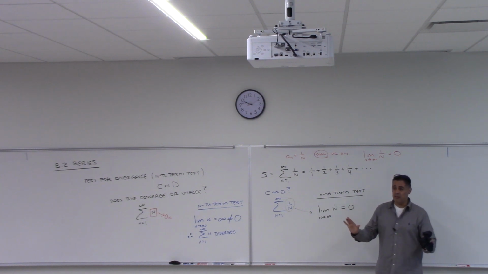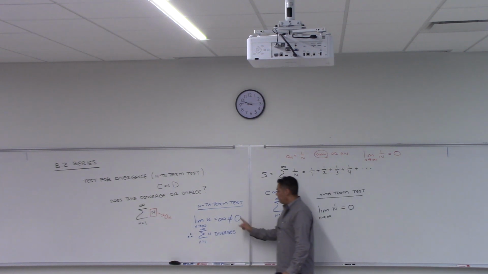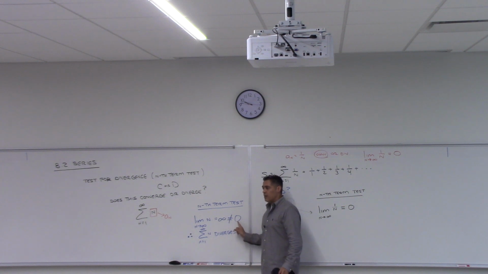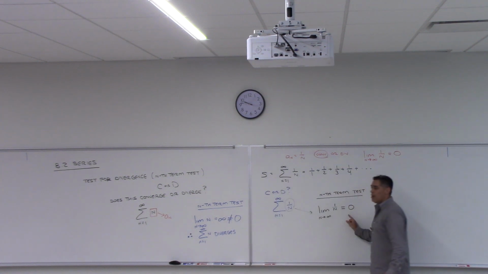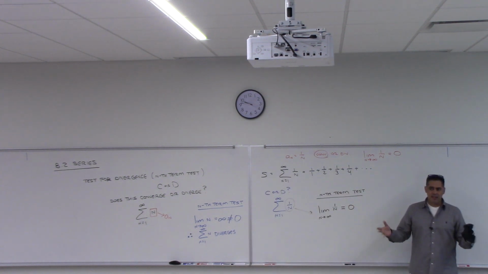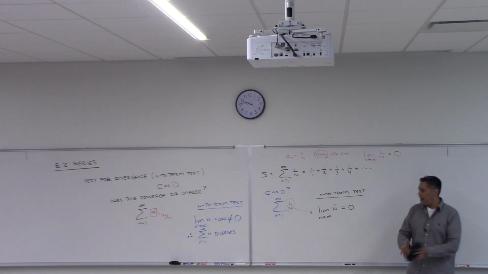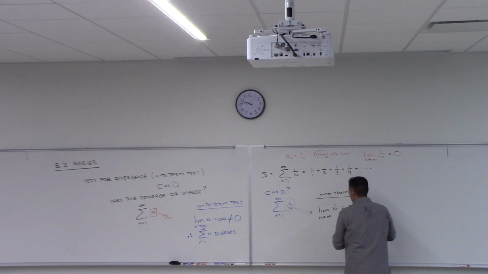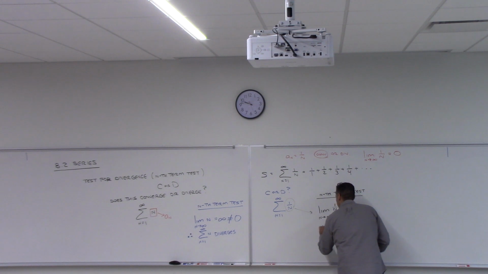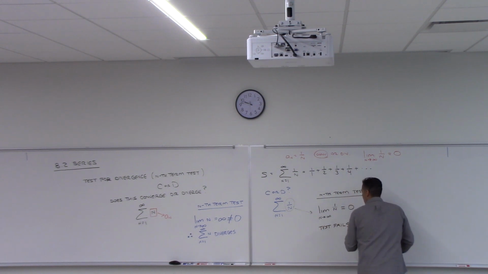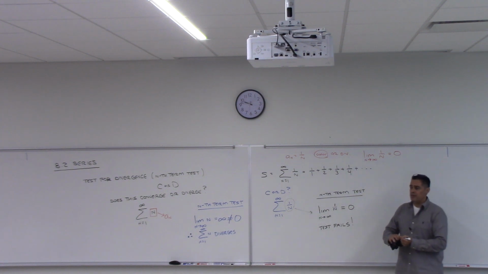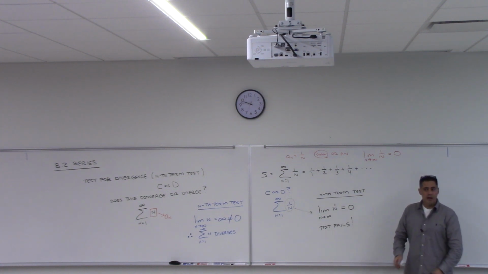That's all it ever tells you. And it only tells you that if you get something other than 0 here. If you get 0, you know nothing. And the test fails. All right? This right here means the test fails. And you must move on to another test. All right?